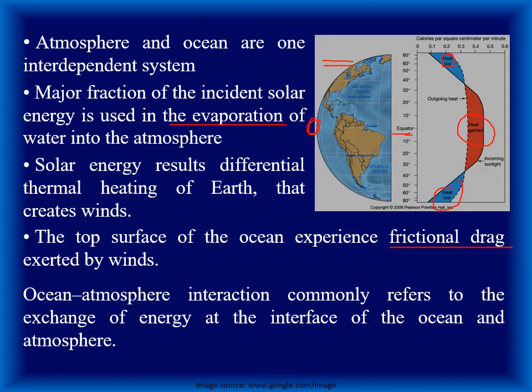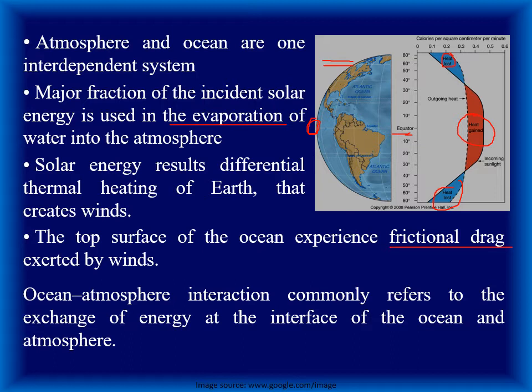So what happens in this frictional process by which the waves form in a large body of water? During this interaction of the atmosphere with the oceans, due to friction, the ocean water body restricts the surface wind from moving.